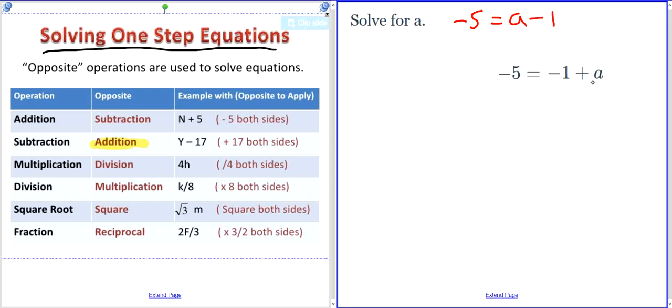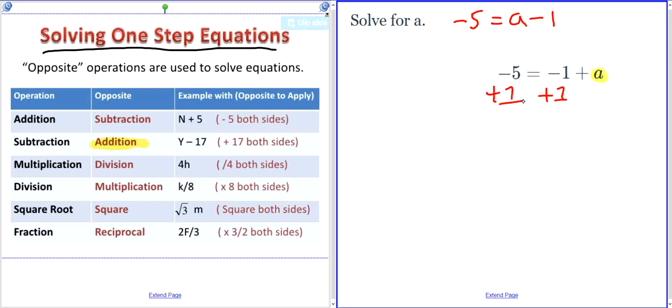So I don't want you to get confused with the addition and think you add or subtract. What I want you to do is focus on what's going to isolate this variable, what's going to get this by itself. So you'll go the opposite of whatever this is. If it's positive, subtract, but if it's negative, add. So we're going to add 1 on both sides.